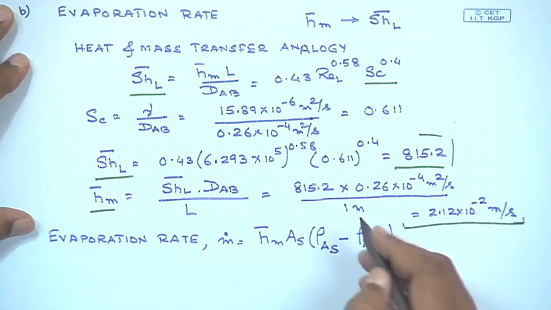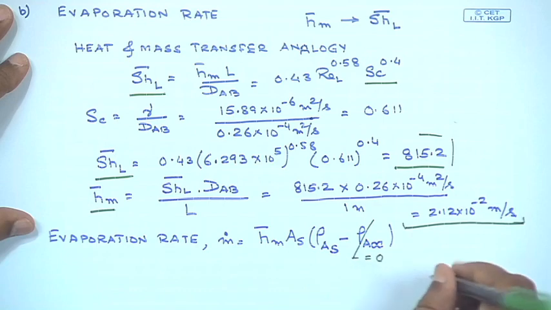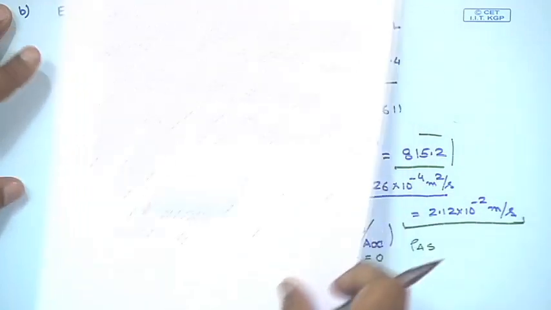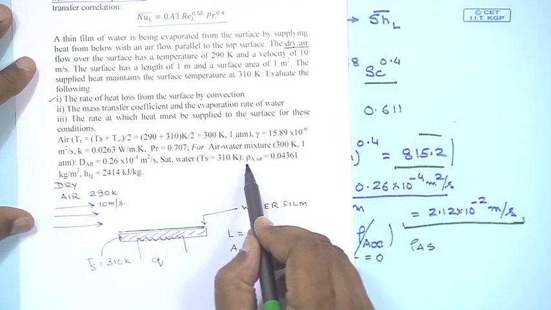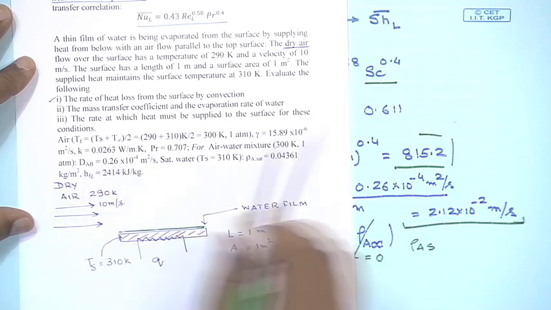We realize that the air which flows over the surface is dry. So, therefore, this would be equal to 0, and the value of rho A sat is provided in the problem. The value of rho A sat is 0.04361 kg per meter cube.